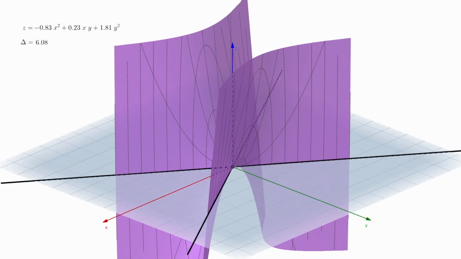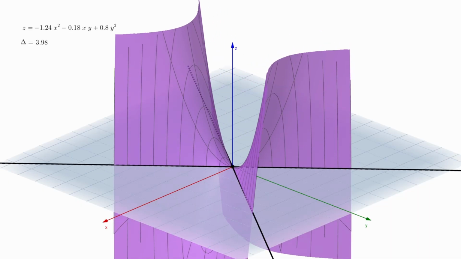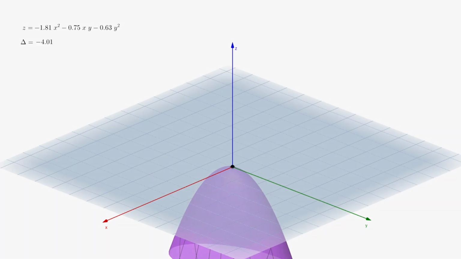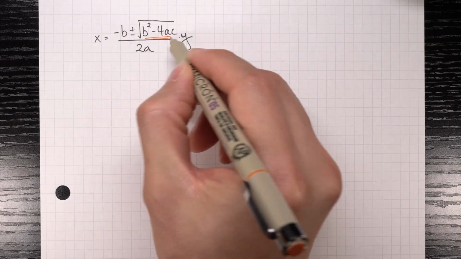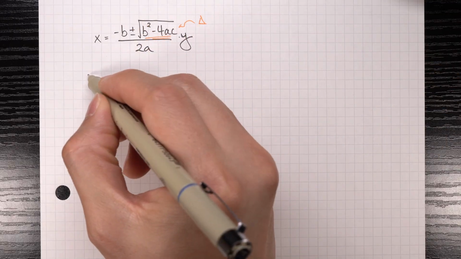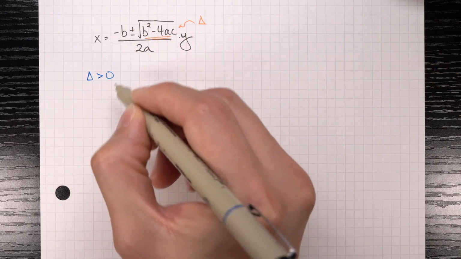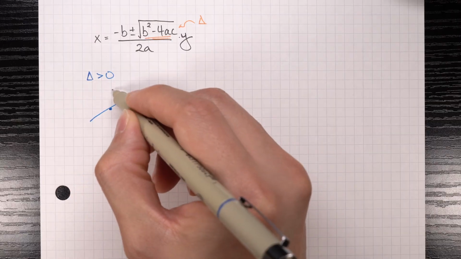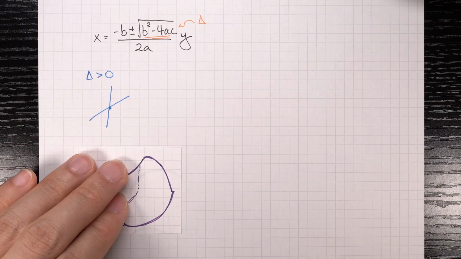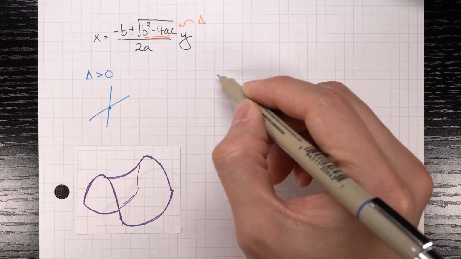But we don't always get two solutions. As I vary the coefficients here, we can see some of the solutions disappear. And that's because in the quadratic formula, we have this thing called the discriminant sitting under the square root. And if the discriminant is positive, we get two solutions. We can see the intersection factors into two lines, and our surface looks something like this shadow over here.